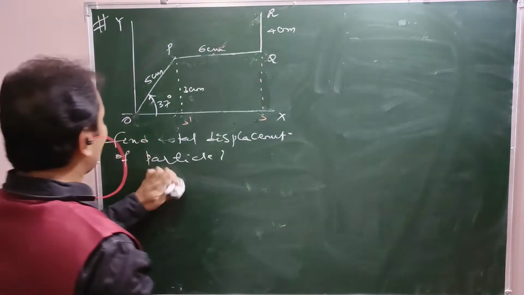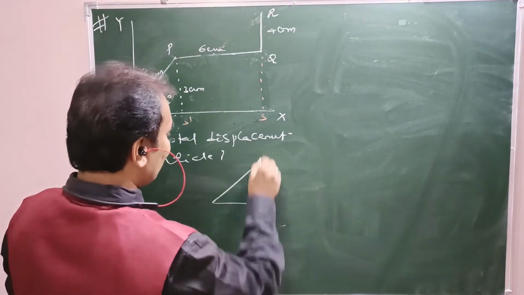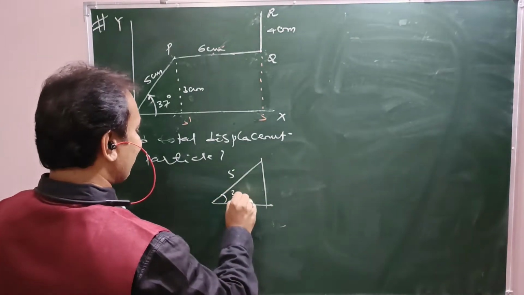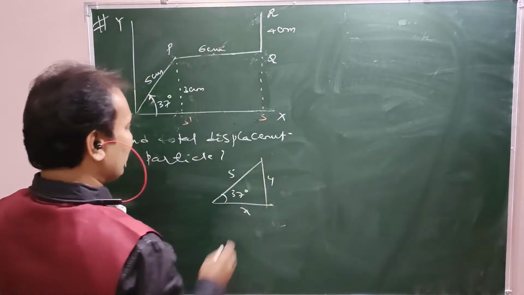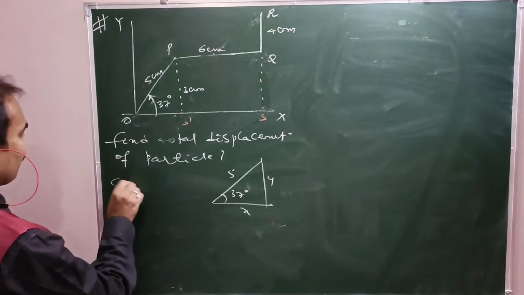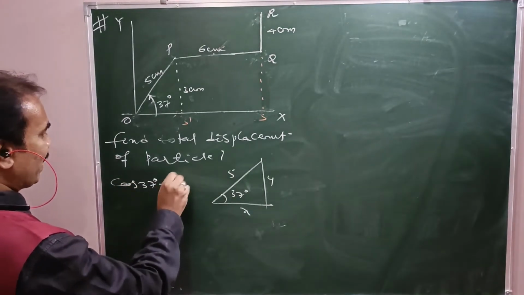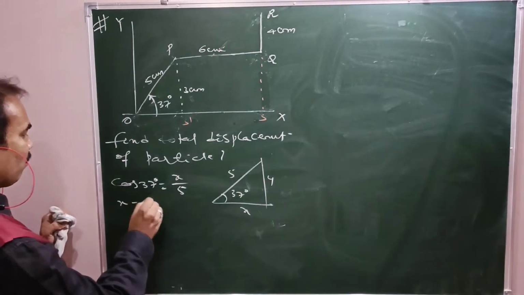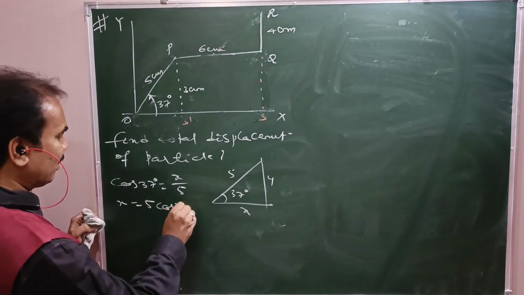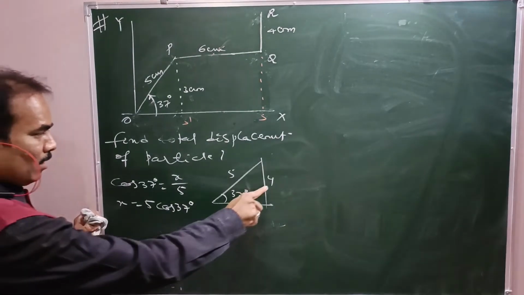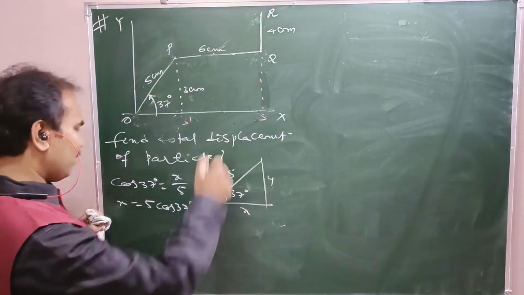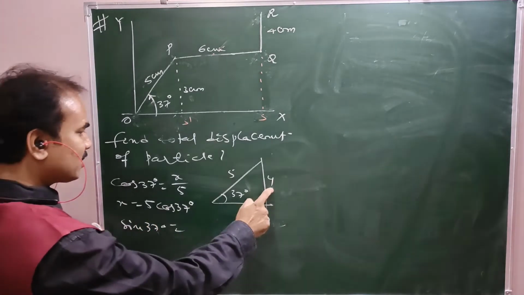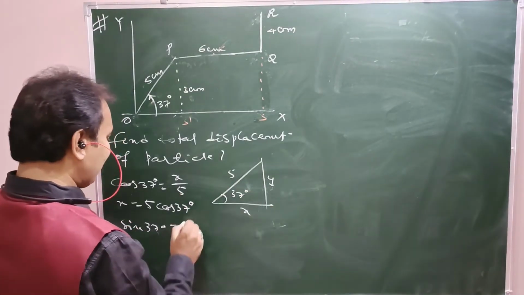See once again. Here one triangle is there. This is 5, this is 37. Say this is x, this is y. Now cos 37 equal to x by 5, adjacent side by hypotenuse. Now x equal to 5 cos 37. Similarly, to get y, take sin 37 equal to opposite side by hypotenuse, that is y by 5.